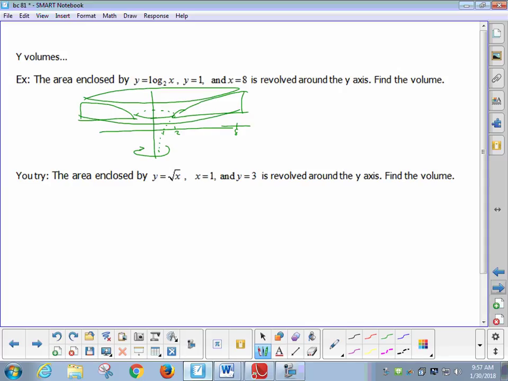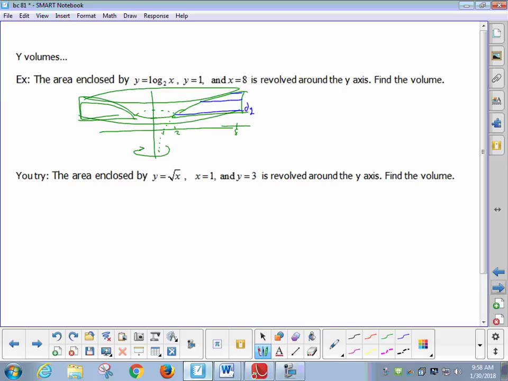Now the difference here is because it's around the y-axis, we are going to use y. When I use y, how do my slices go? Horizontally or vertically? Horizontally. That's a little counterintuitive that when you use y, you're going horizontally, but it's not so much because of the horizontal, but the thickness is thin vertically.